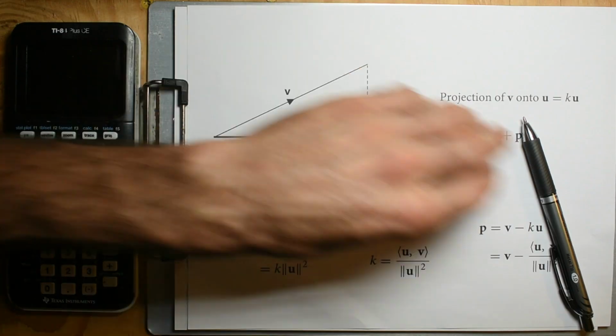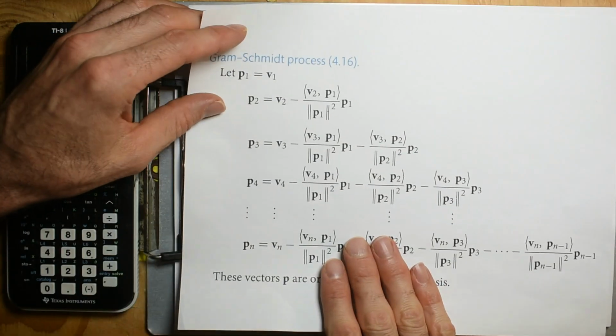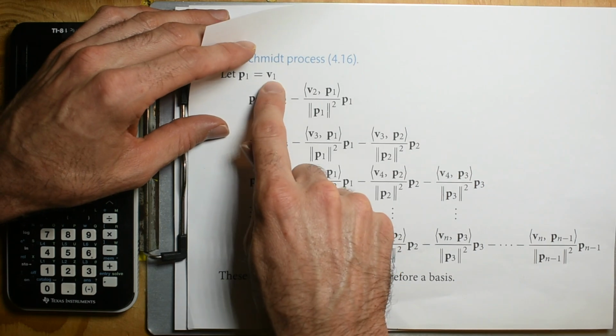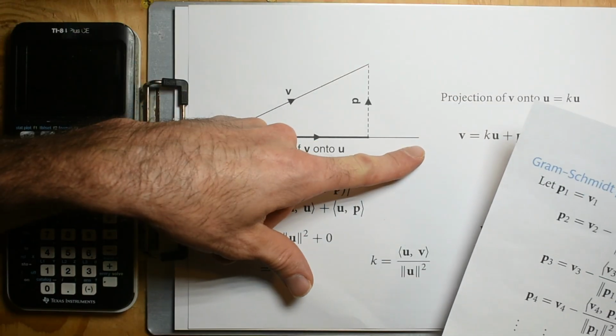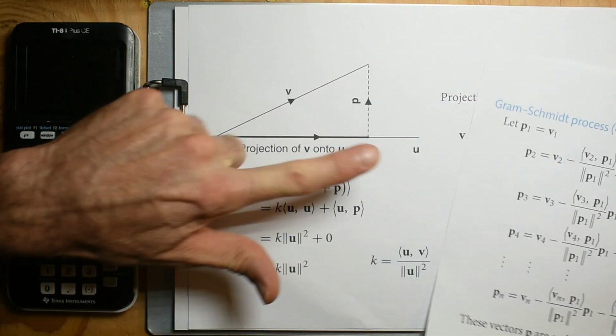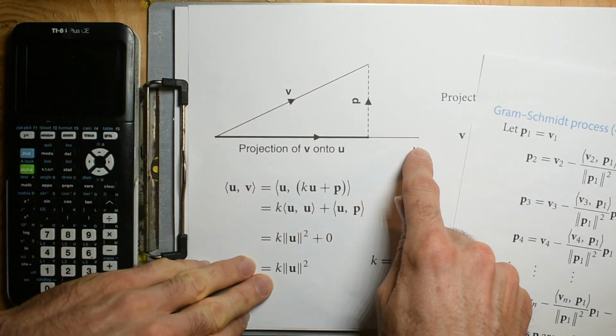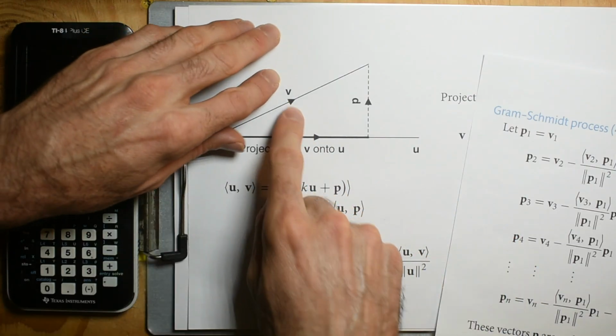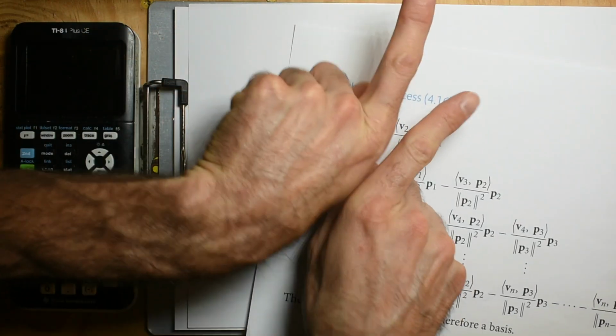So that is the conundrum with this process. You're going to look at it here and you'll be like, what are you talking about? Well, V1 actually is U. It's just your first vector, and we're just going to choose that. So U is the first perpendicular, and V is that V2, just the next vector.